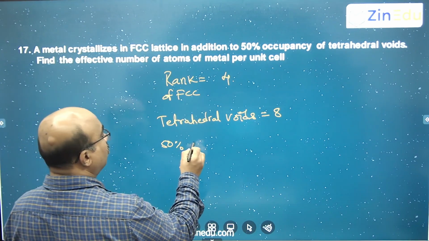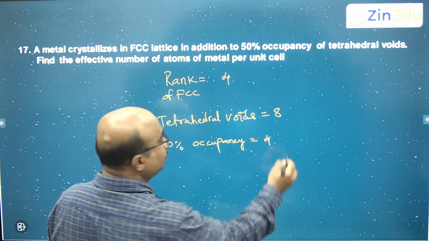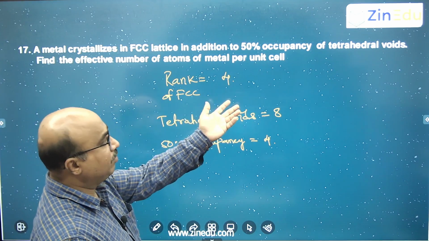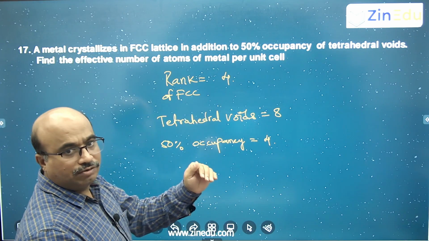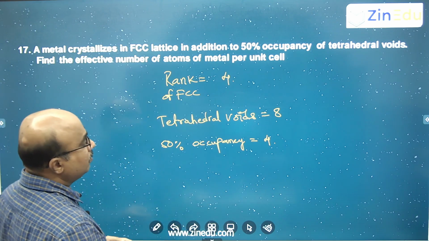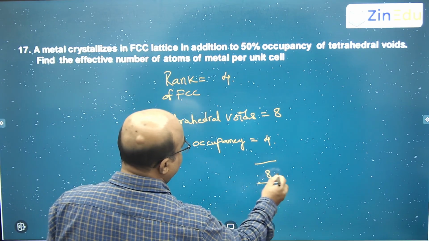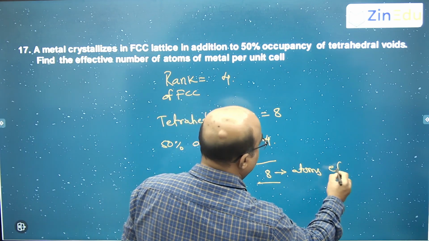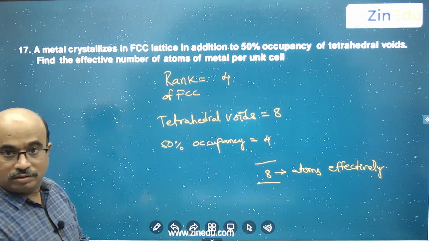That means 50% occupancy, so it will be 4 again. So 4 effectively are metals in the FCC lattice structure, and in the tetrahedral voids we have metal occupying 50% of the vacancy. So the total number of metal atoms will be 8 atoms effectively.